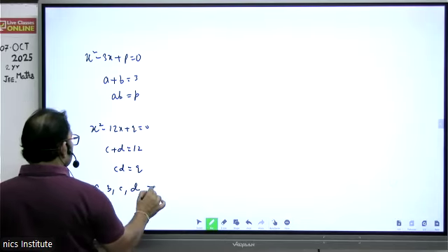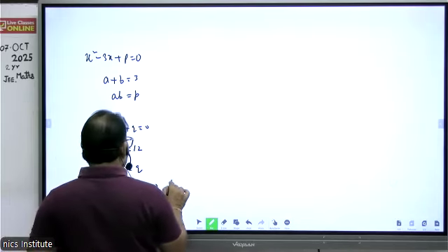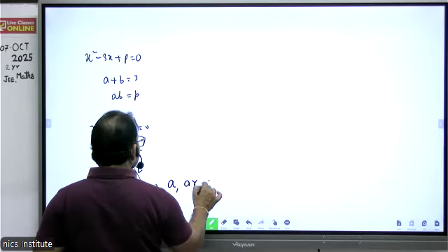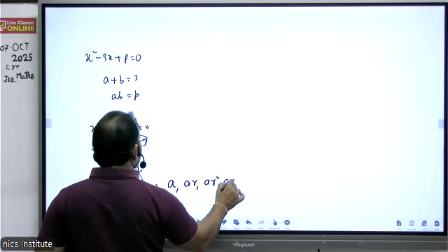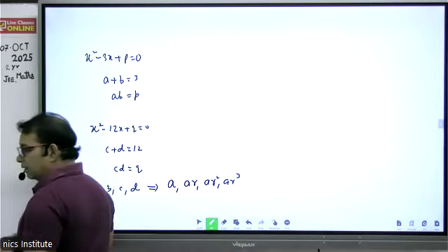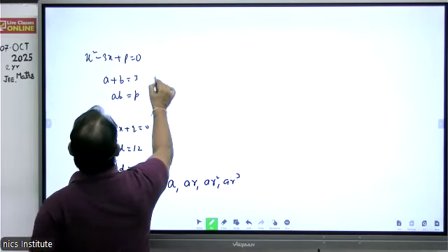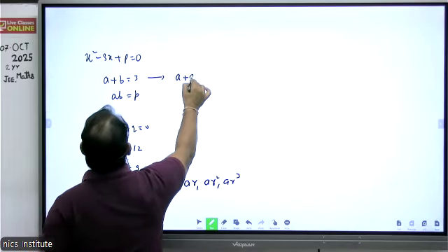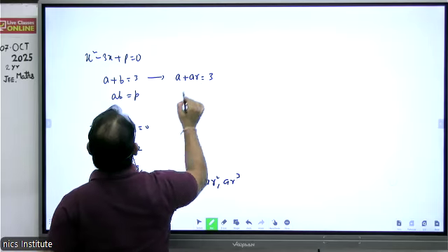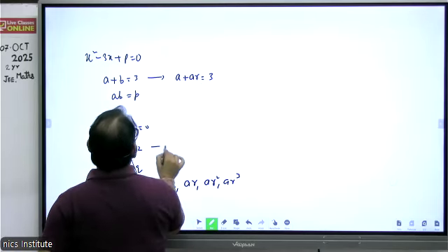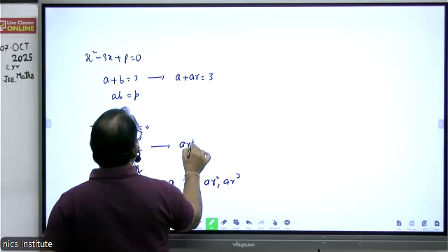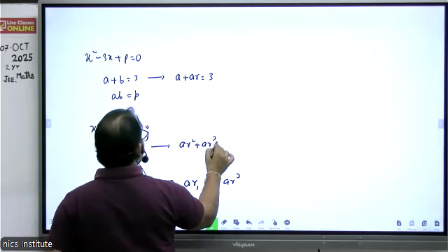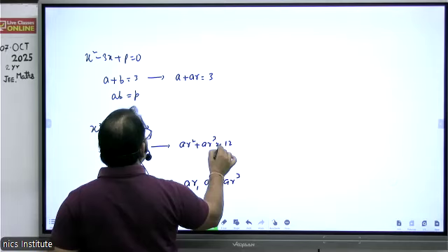a, b, c, d. If they are in GP, then you can take them like this: a, ar, ar square, ar cube. Then you can use it over here. This would be a plus ar equal to 3, and ar square plus ar cube is equal to 12.